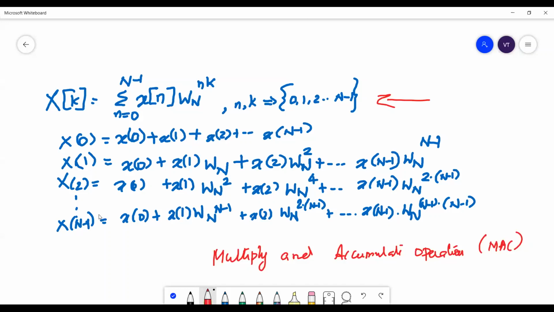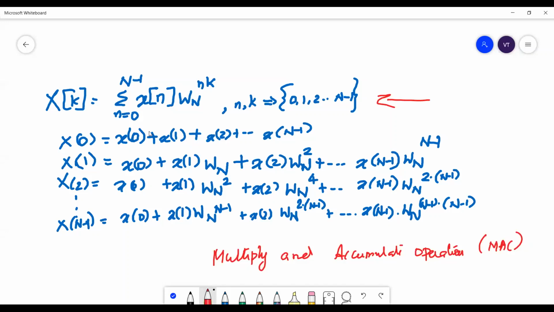Which means by using two for loops, for n equal to 0 to n minus 1 and for k equal to 0 to n minus 1, you can write a high level language program, a C language program or a Python program, to compute x of k. Now you can write the same in assembly language also, but you don't have a dedicated hardware for computing this multiply and accumulate.